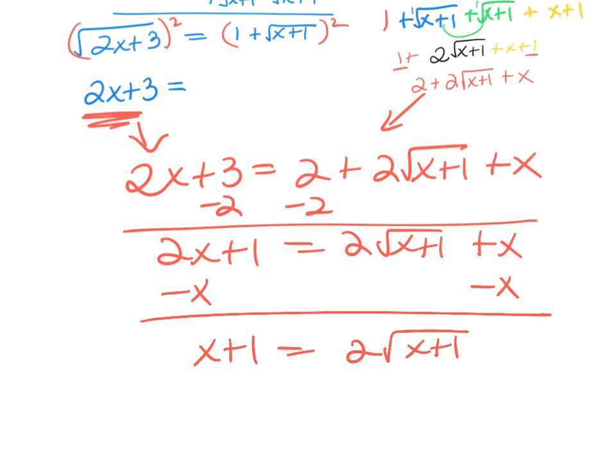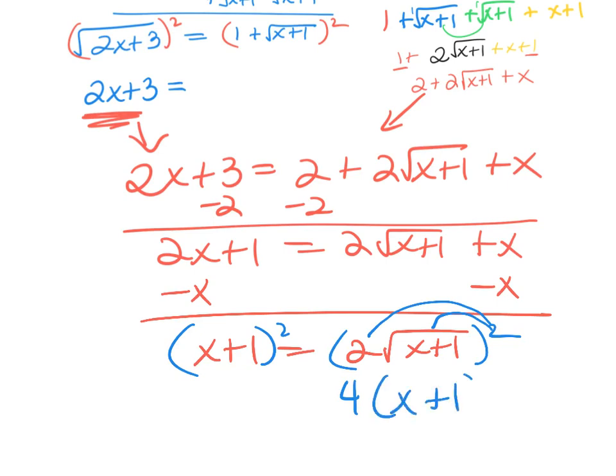Everybody with me so far? All right, my radical is now isolated. I can leave that 2 in front. I'm going to square both sides to cancel that radical. Now, notice there's no plus or minus in between here, so I'm just going to take this power 2, square the 2, and then when I square the radical, it disappears.